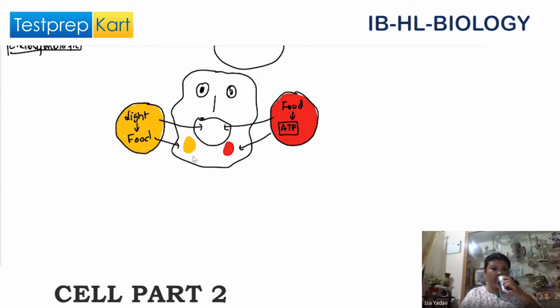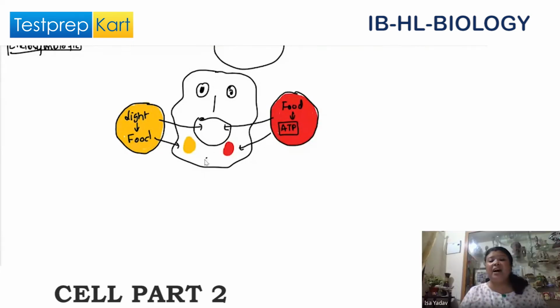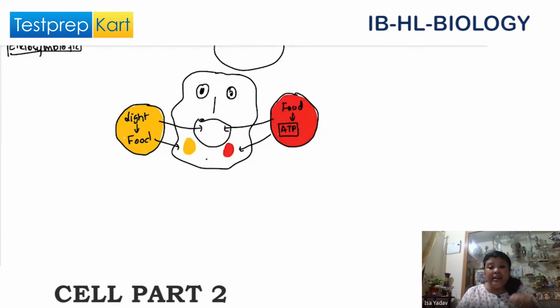Red color, ATP. Then this larger cell said, one is producing food, one is producing energy. If I eat them, then I will be in loss. At least they are making food for me and they are giving me energy. So this larger cell said, no problem. Let them stay with me only.